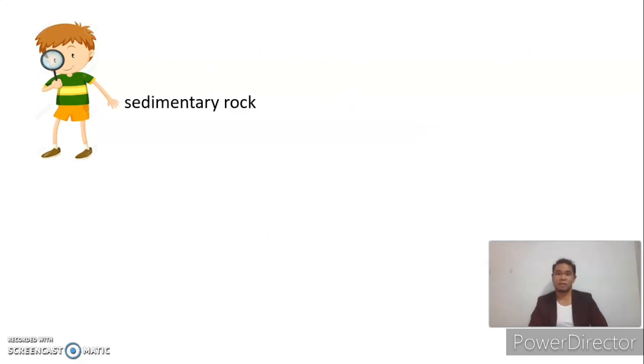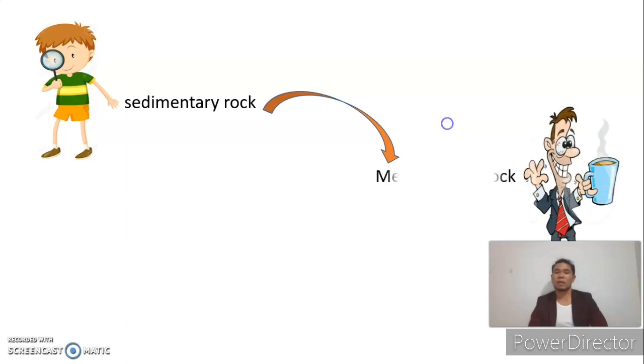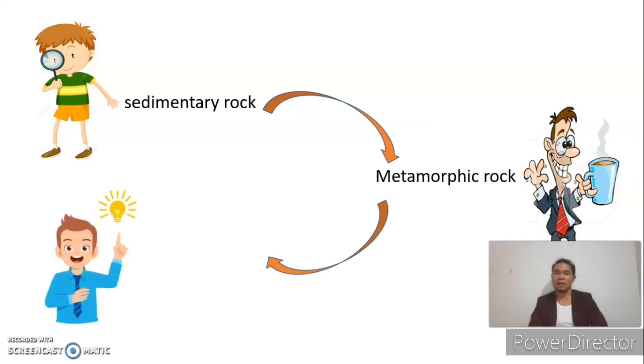The first one is sedimentary rocks, the second one is metamorphic rocks, and the third one is igneous rock.